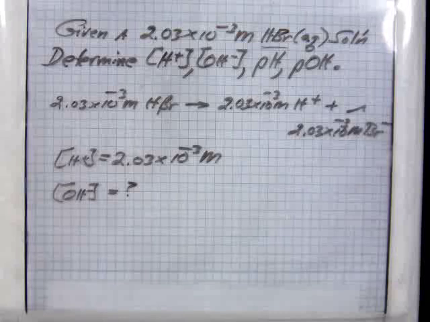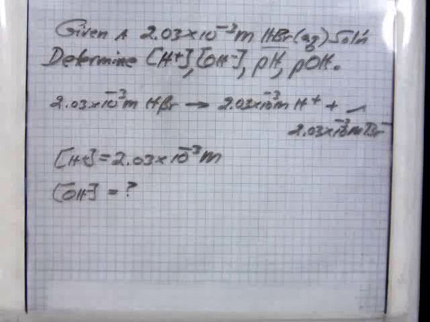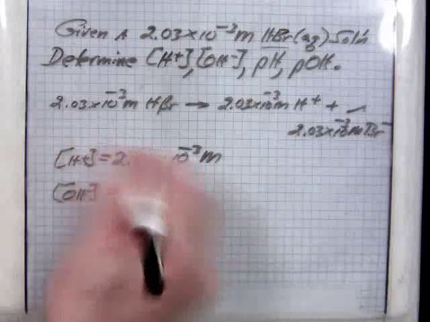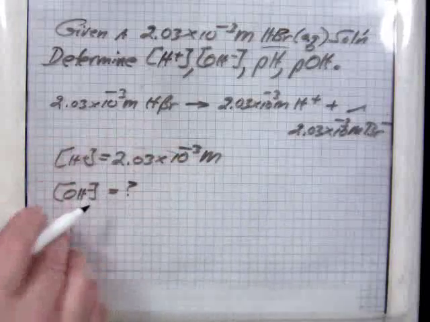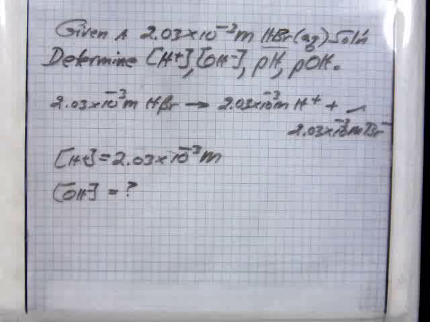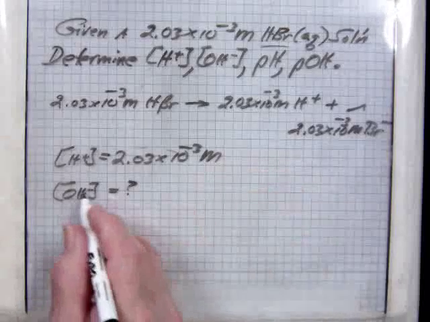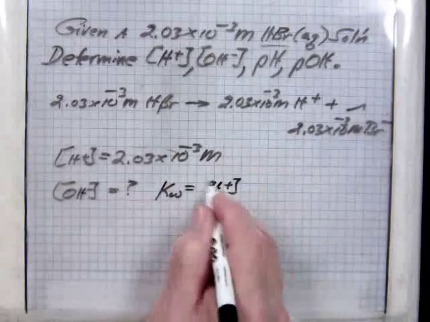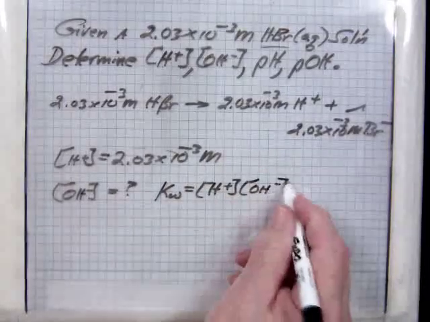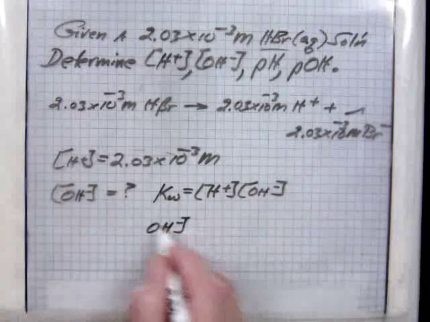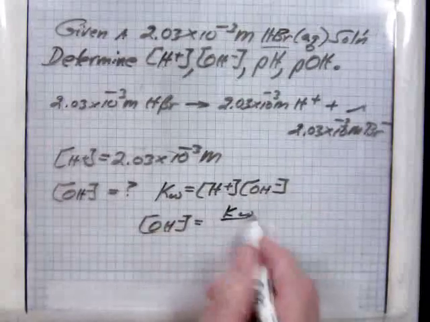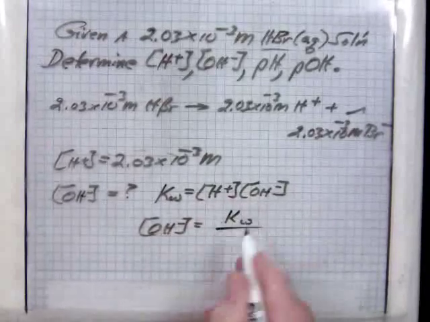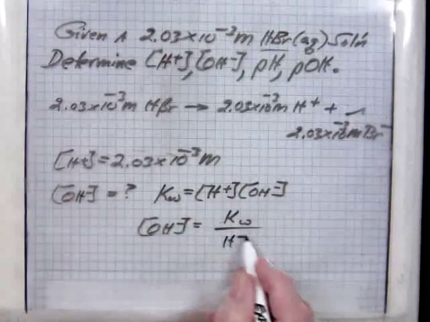When we get to weak acids, there's a step between the acid, the hydronium ion, and the KW expression, and we'll show you that when we get there. But anyway, from KW equals H times OH, we get OH equals KW over the hydronium ion concentration.